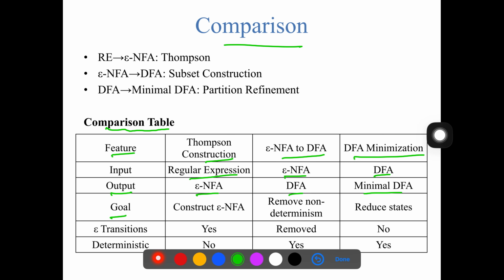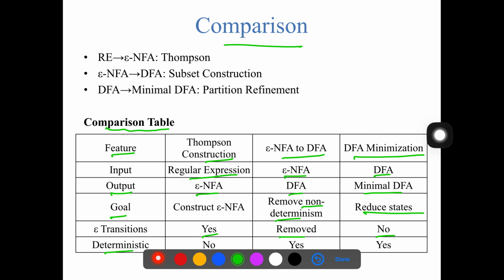Goal: construct the epsilon NFA, remove the non-determinism, and reduce the states. Epsilon transition: yes, Thompson's construction has epsilon transitions. Epsilon NFA to DFA removes epsilon transitions. DFA minimization has no epsilon transitions.